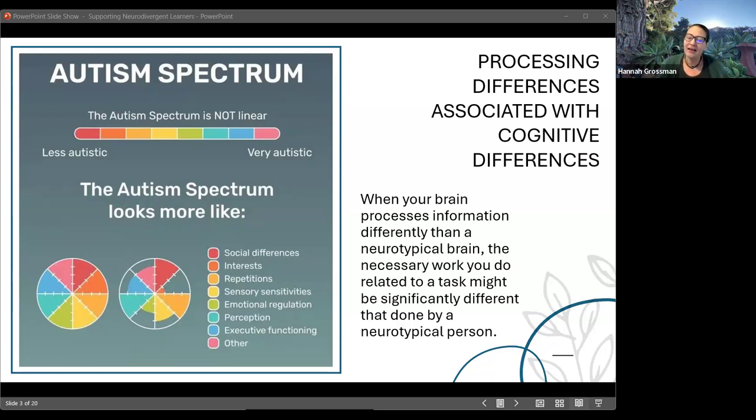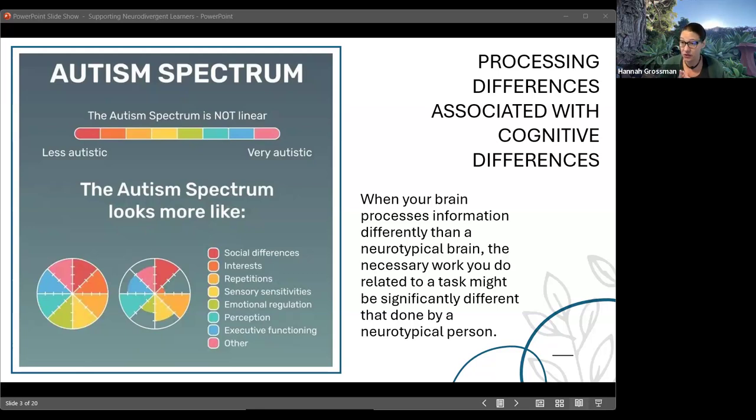However, what we find is that autism and other cognitive processing differences are not really just one uniform thing. The processing differences with autism affect multiple aspects of a person's processing.